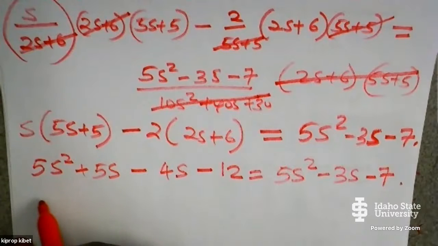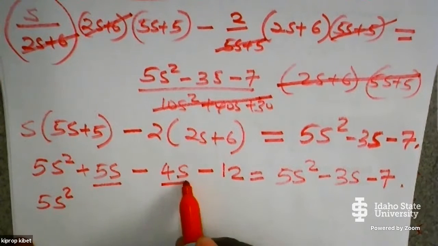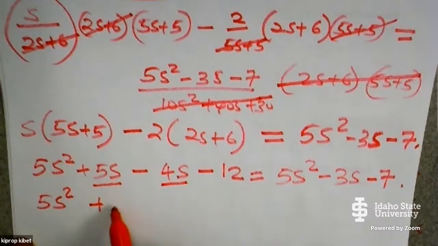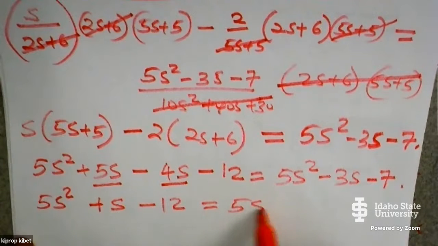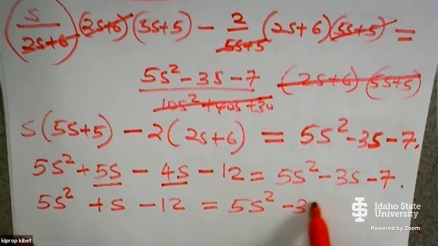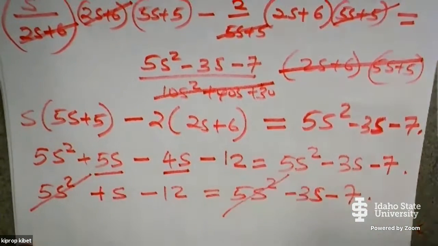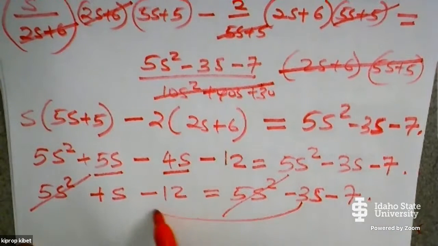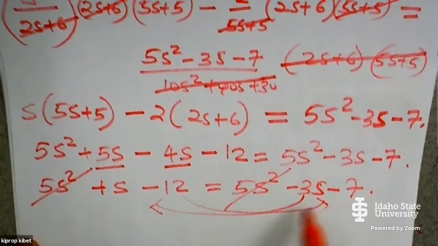Then when you simplify, 5s and 4s will get plus s minus 12 equals 5s squared minus 3s minus 7. So this 5s squared will cancel with that 5s squared. You bring this 3s to this side, and then you take 12 to the other side.